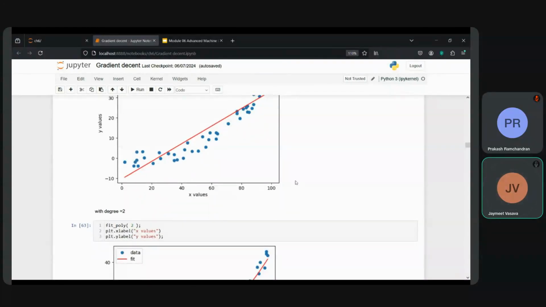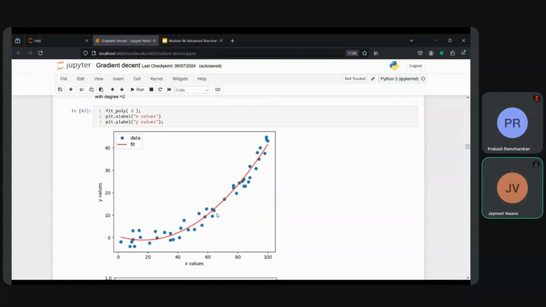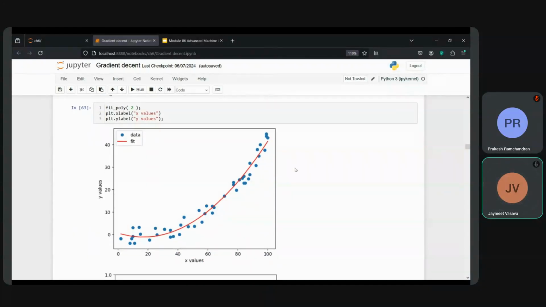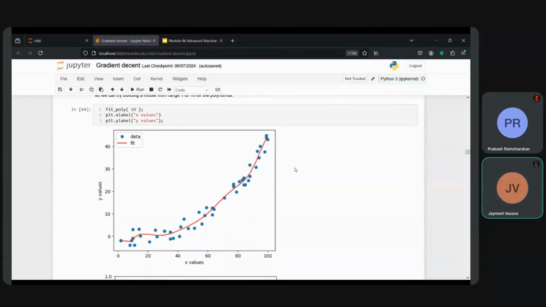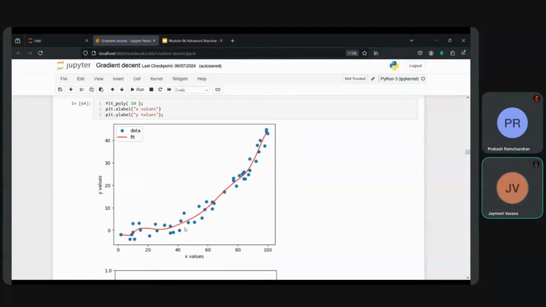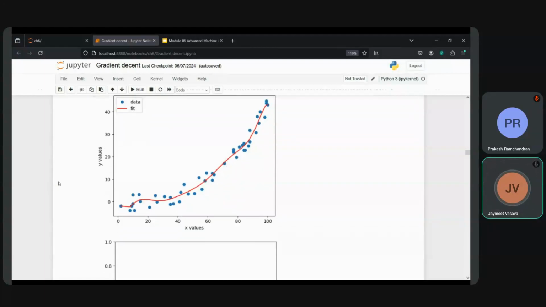A higher degree shows us a better result and a better fit to the data. A higher degree fits the data very well, and because of that we wanted to find which one is the optimal value.